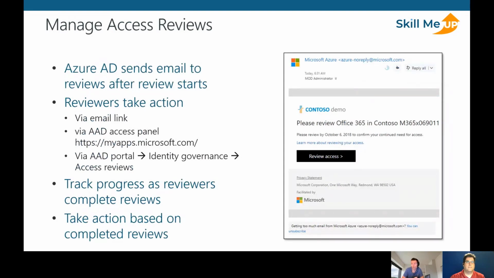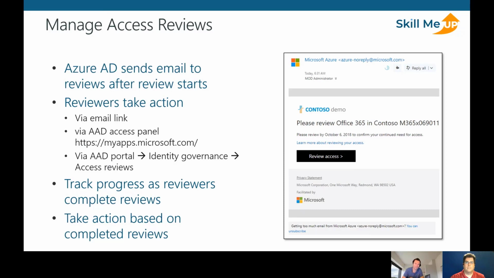So you can also, of course, manage those access reviews. By default, Azure AD will send an email to reviewers shortly after the review starts. If you choose not to have Azure AD send the mail, you need to be sure that the reviewers know that an access review is waiting for them to complete.